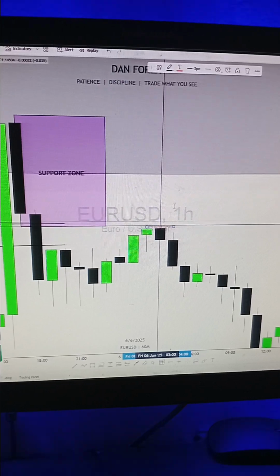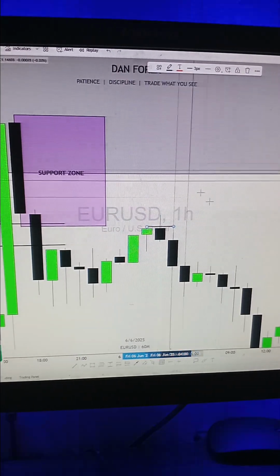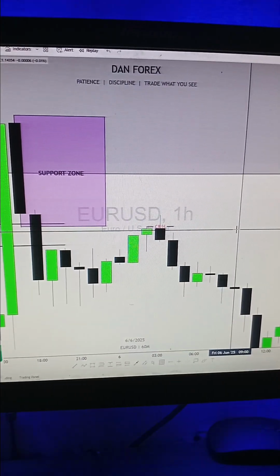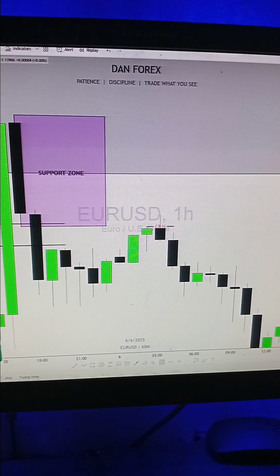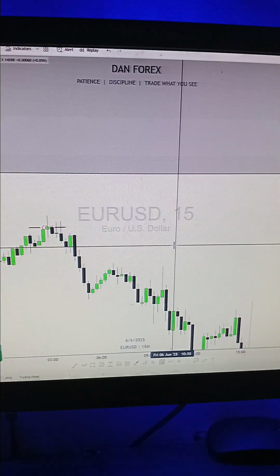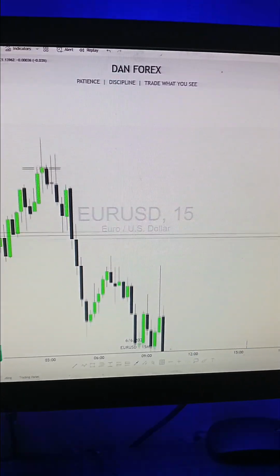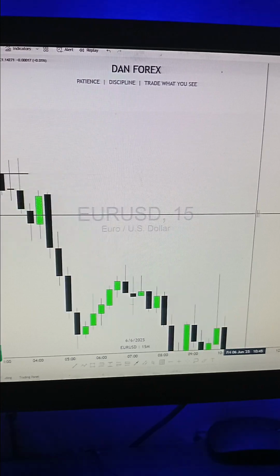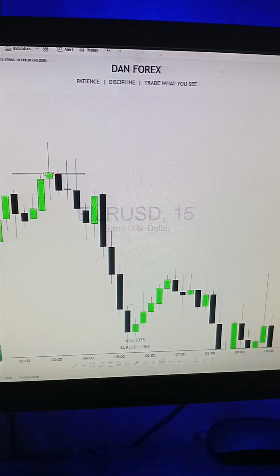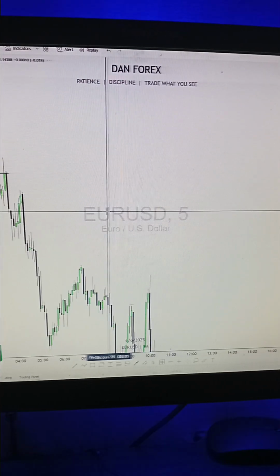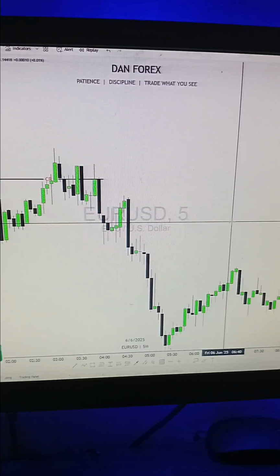So this is our CR high, the candle range high, right? On 1 hour, you're supposed to be taking entries on 15 minutes or 5 minutes, I mean. So this is the area you're supposed to be looking for. Let's go to 5 minutes. It might be much clearer there.